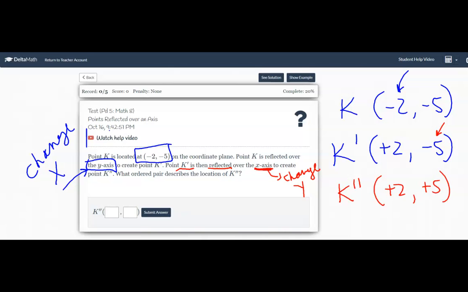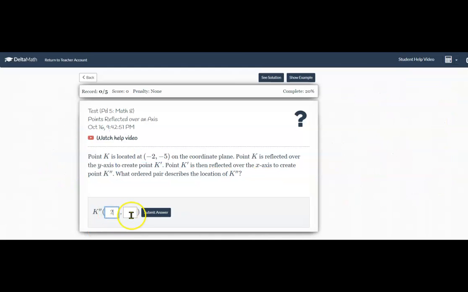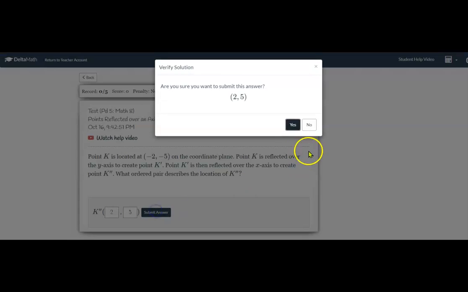Now I don't need to write the positive signs, but I'm specifically putting them there so that you can see what's going on. They're asking us what ordered pair describes the location of K double prime. So move K, you become K prime. Move K prime, you become K double prime. So the answer is 2, 5. 2 in the x, 5 in the y is K double prime.